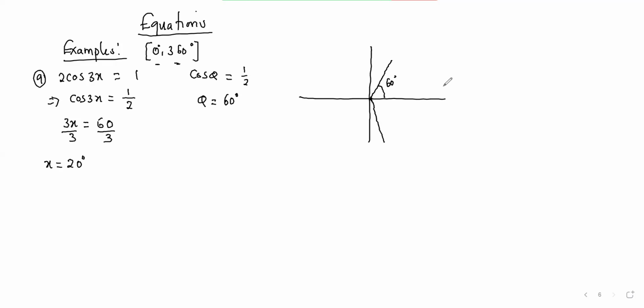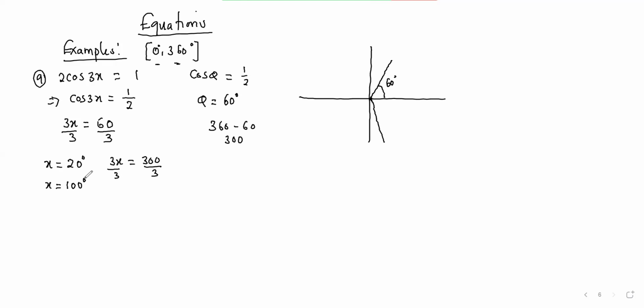So we need an angle from the fourth quadrant. So we'll say we should have 360 minus 60, which is 300. So that 300 is going to be equal to 3x as well. We divide by 3. So we have another x equal to 100. So in the first cycle of the quadrant, we have 2 angles.